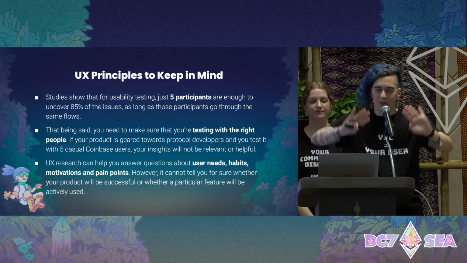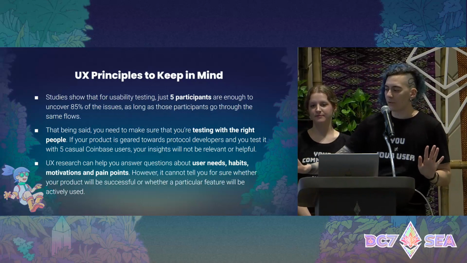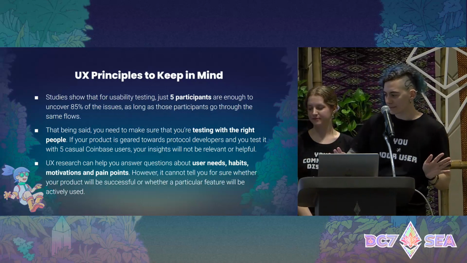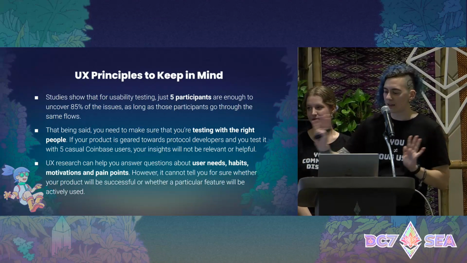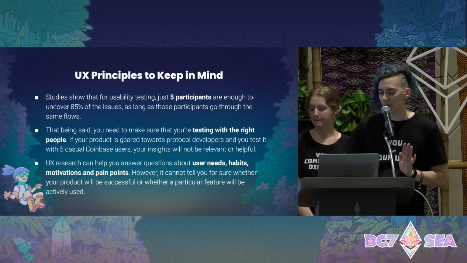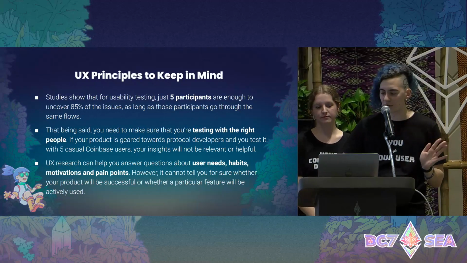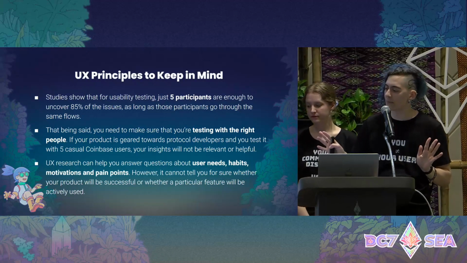So this was the overview of usability testing. But these principles apply to just doing UX generally.